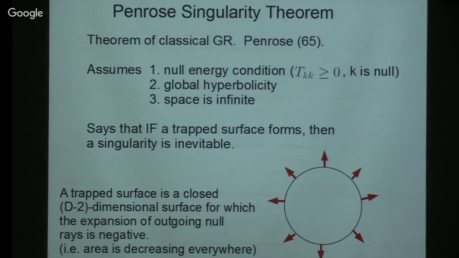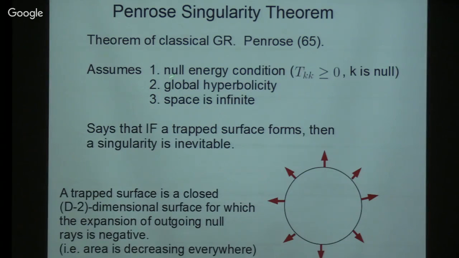This is a theorem of general relativity. It's about classical space-times, and it has three main assumptions. The first assumption, which we've already talked about, is the null energy condition. But the second assumption, and this is pretty typical for proofs like this, is an assumption about the causal structure of space-time.